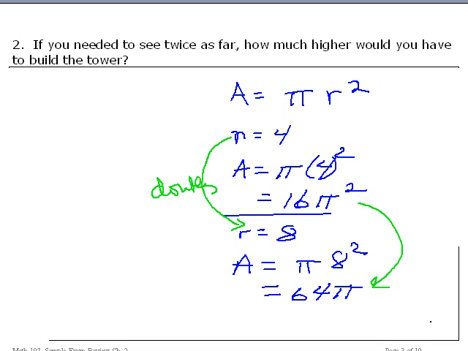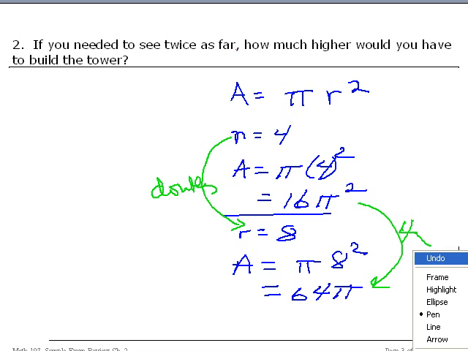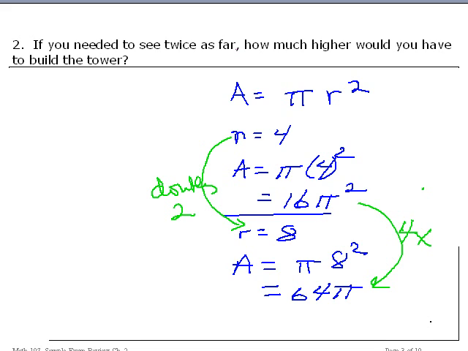Look at that increase in area. In this case, it's 4 times bigger area. The radius doubled, so you're going to change by a factor of 2, but the area changed by a factor of 4.